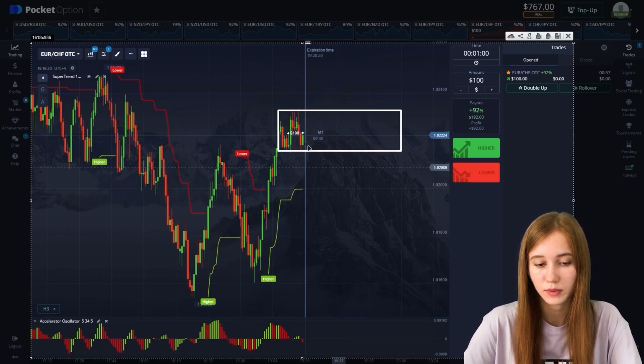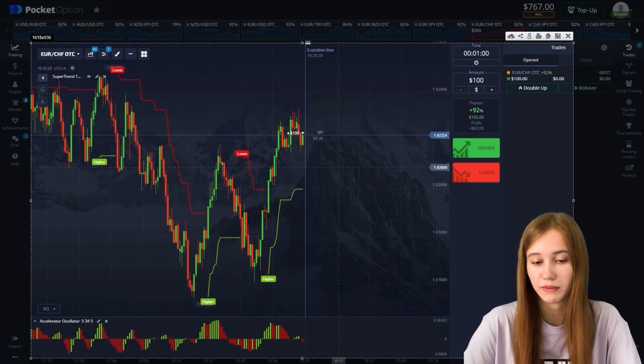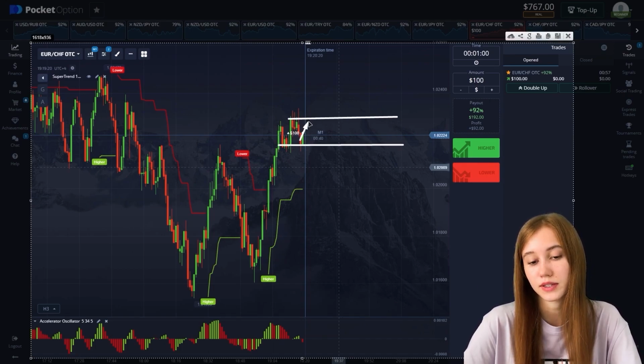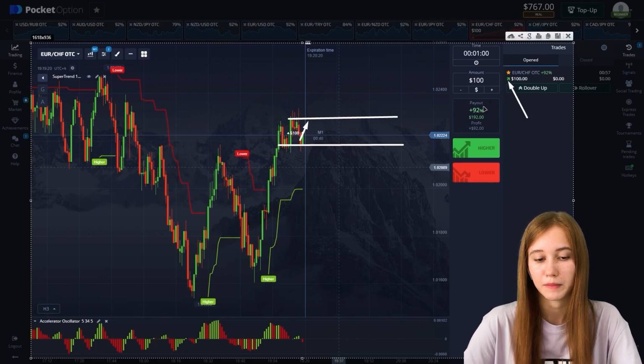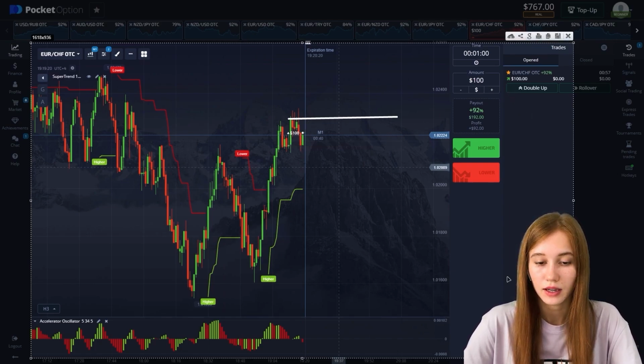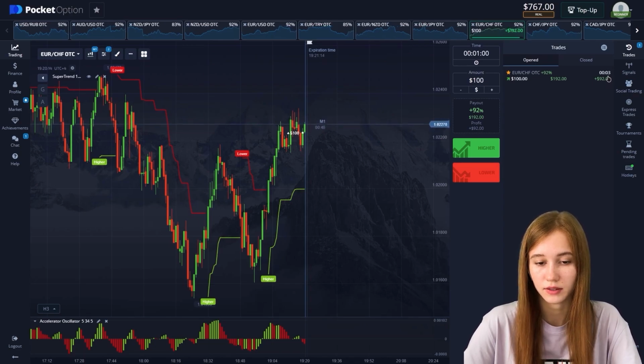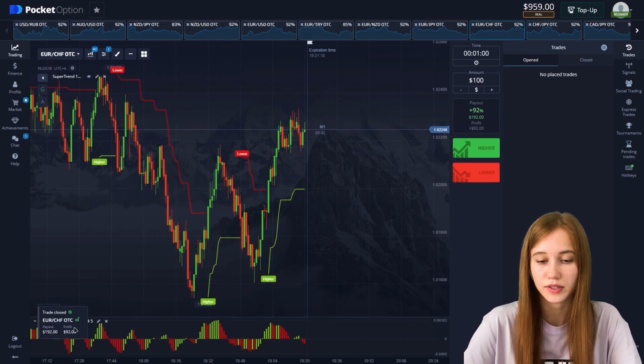This is when the price stays at the same level. Also, if we see a resistance level and the support area, we will move towards this resistance area during the consolidation period. So we opened up, and the super trend also shows an increase, corrections. Let's see. 5 seconds left, and your profit is $92. Good.